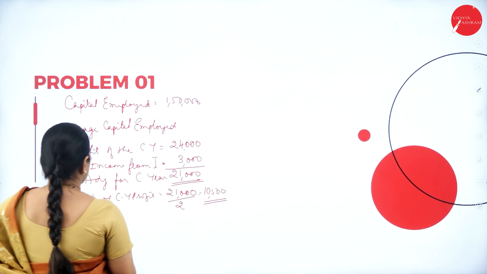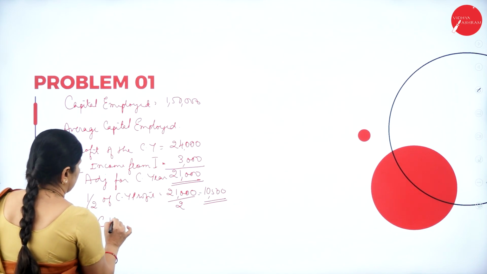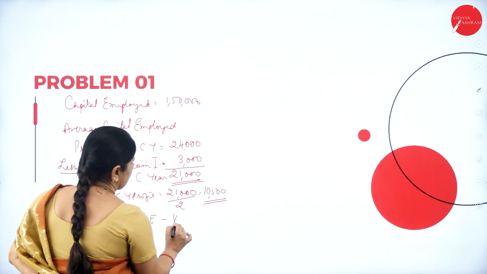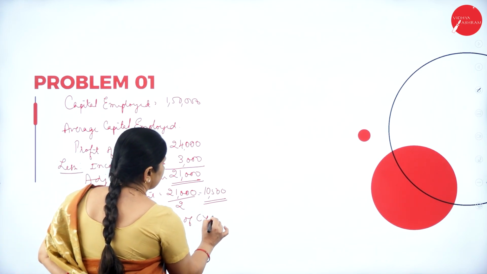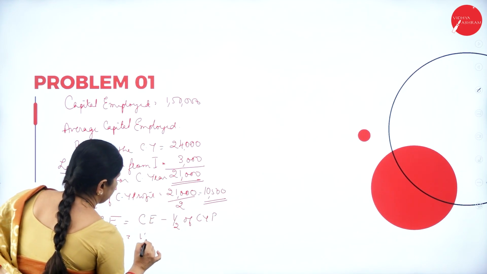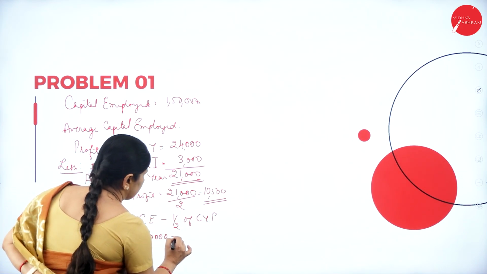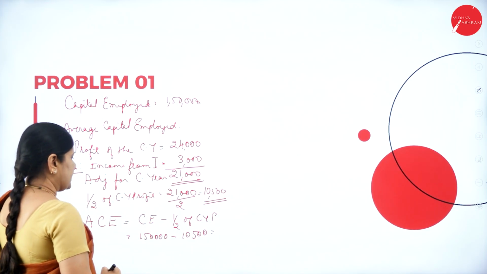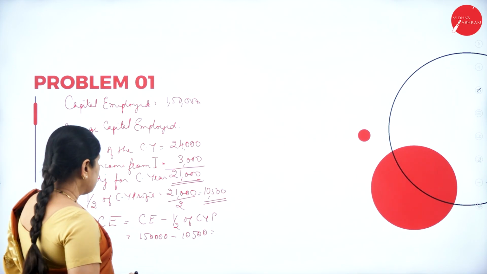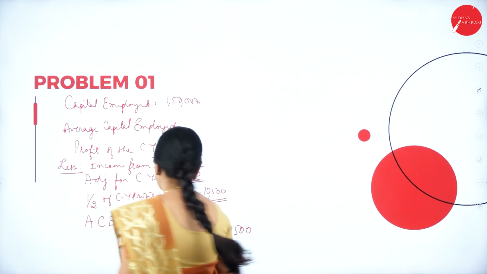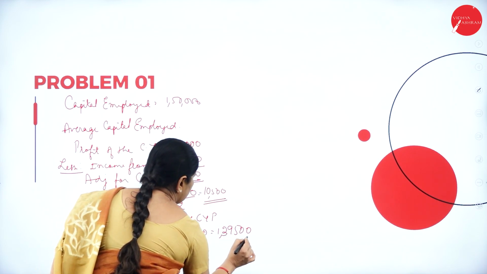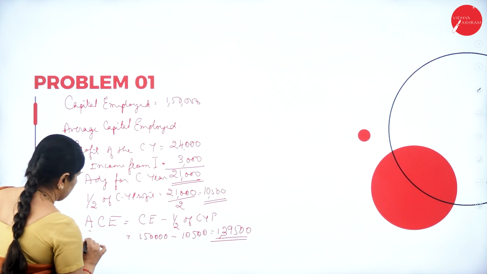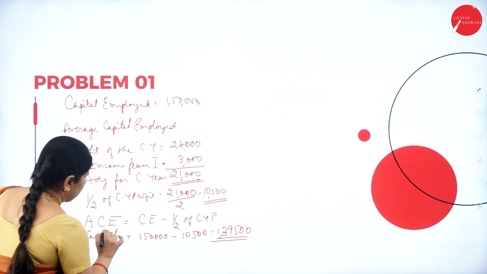Average capital employed, ACE, equals capital employed minus half of current year's profit. So this will be 1,50,000 minus 10,500, which gives 1,39,500. So this is the average capital employed.